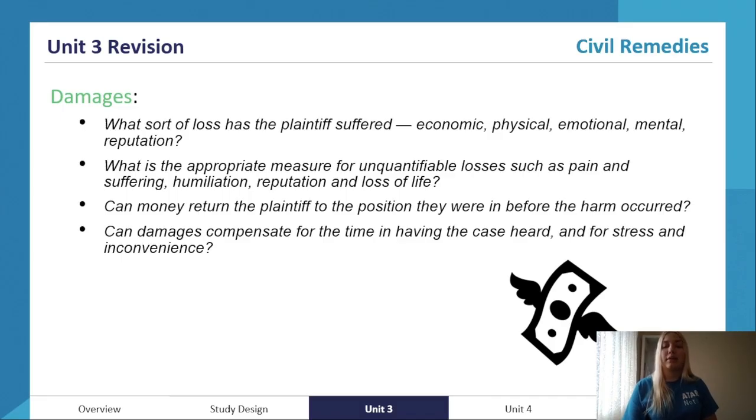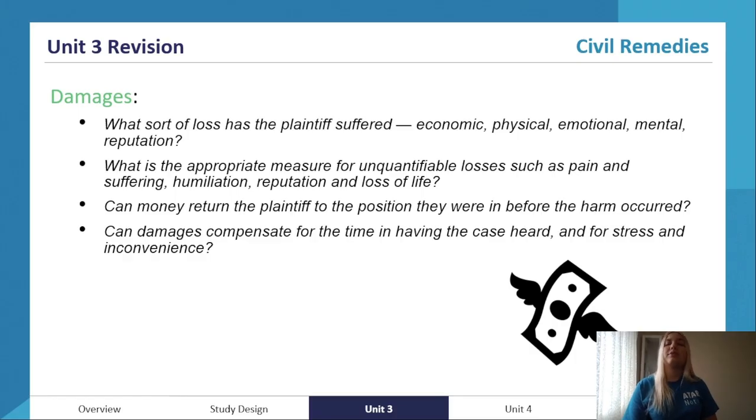So these are great. But if they're emotional, mental, reputation impacts, how can we quantify the value of someone's loss and suffering, depression, mental health issues, whatever it may be, and decide what is adequate for that person? We can't, and it's not going to correct what they've experienced or are experiencing.